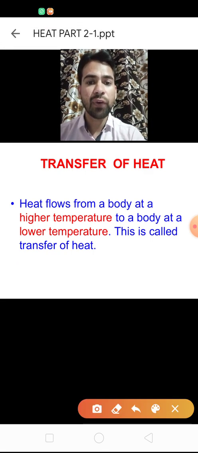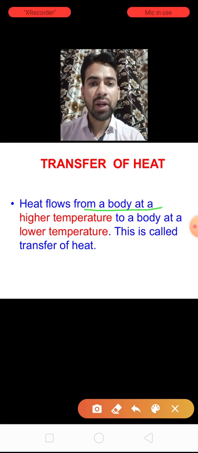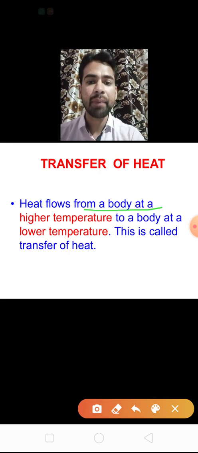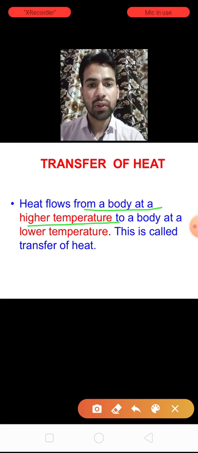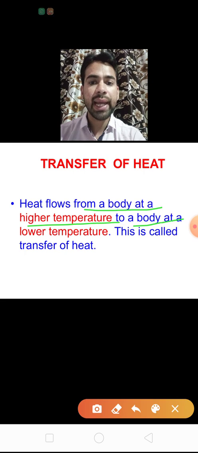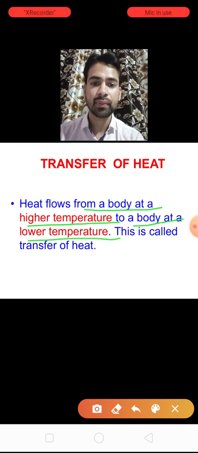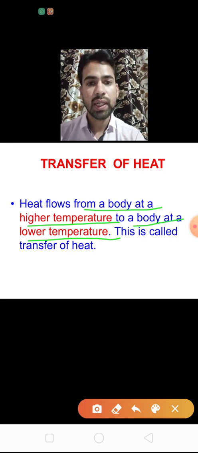See here, heat flows from a body at higher temperature, that is the hotter region, to a body at lower temperature, that is the colder region. This is called transfer of heat.